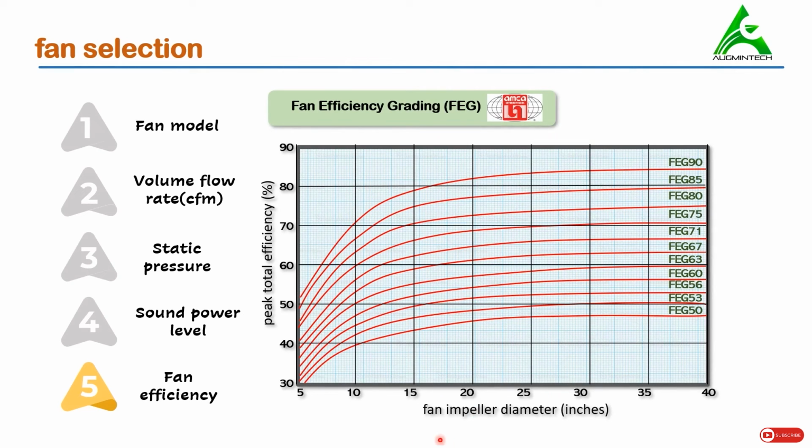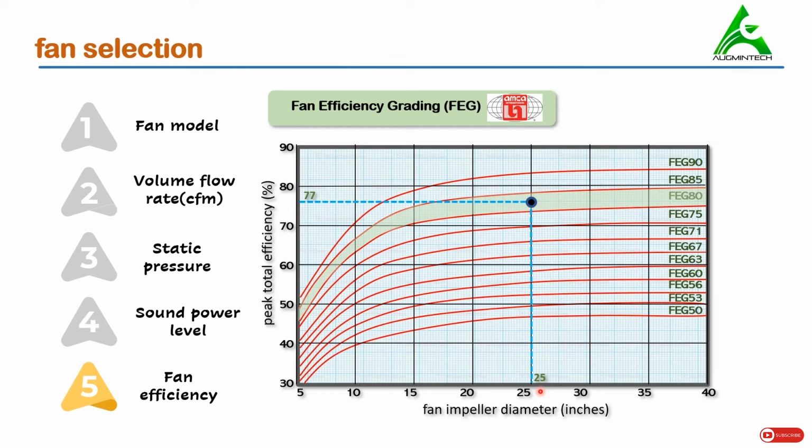This is a chart where fan impeller diameter is mentioned on the horizontal axis, and here we have the peak total efficiency. Now we have the fan efficiency grading values such as FEG 50, 53 and so on till 90. So these are regions or strips at different locations. Let's say we are talking about an efficiency grading of FEG 80. In this region, let's select any random position. Now, if we draw a line from here to the horizontal axis, the value is found as 25.